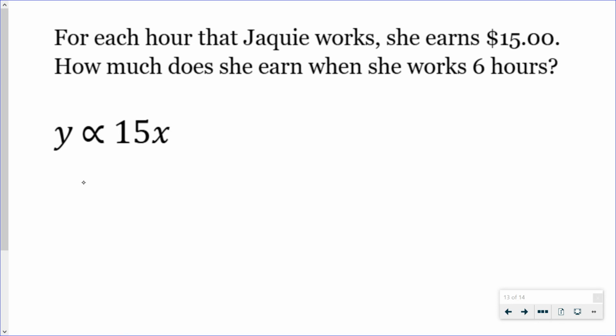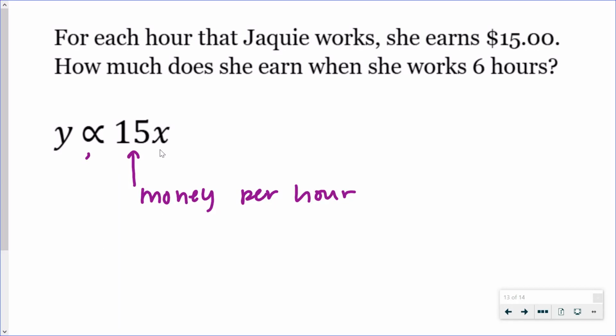So first, what I want to do is identify my pieces. 15 is how much money is made per hour, okay? Well, if that's per hour, what is the thing I can control? Can I control the total, or can I control how many hours I work?